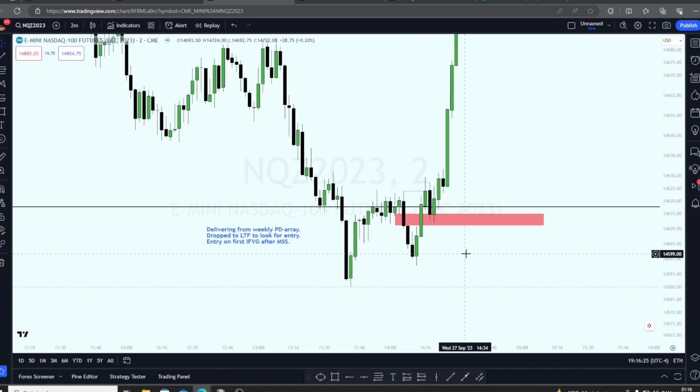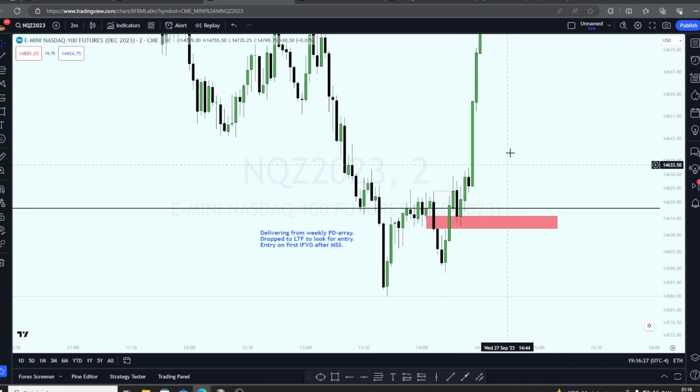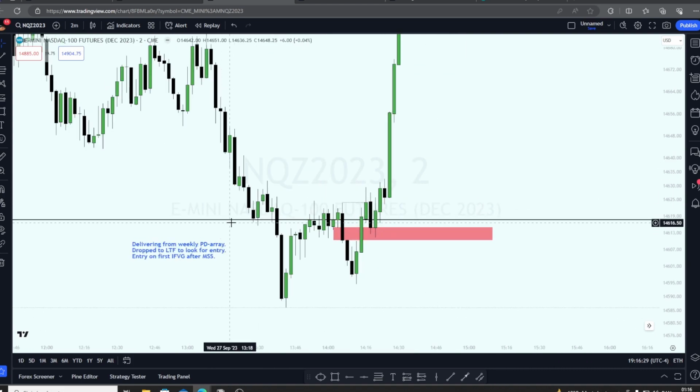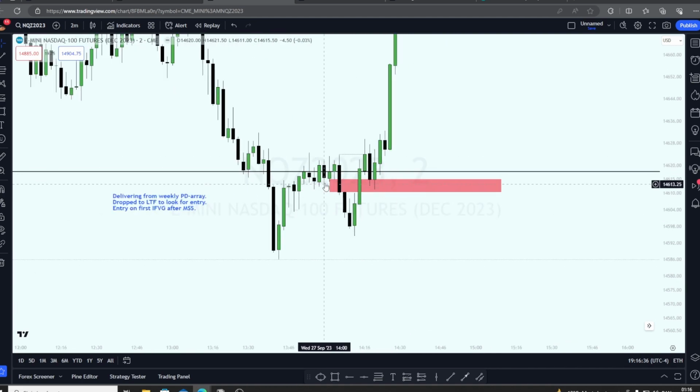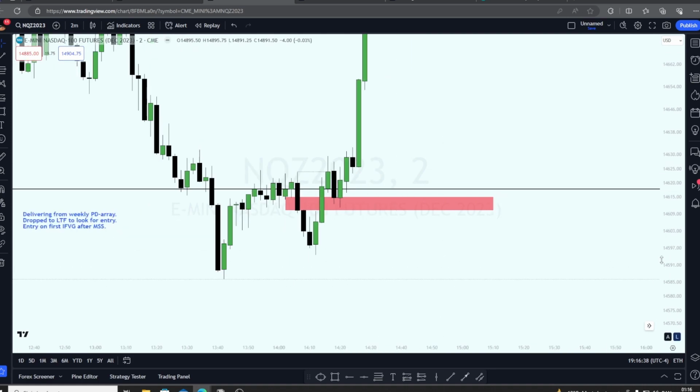And as you can see, this played out just perfectly, right? This black line represents the weekly imbalance that I showed you we tapped into. And as soon as I saw this inverse fair value gap on the 2-minute, I entered.